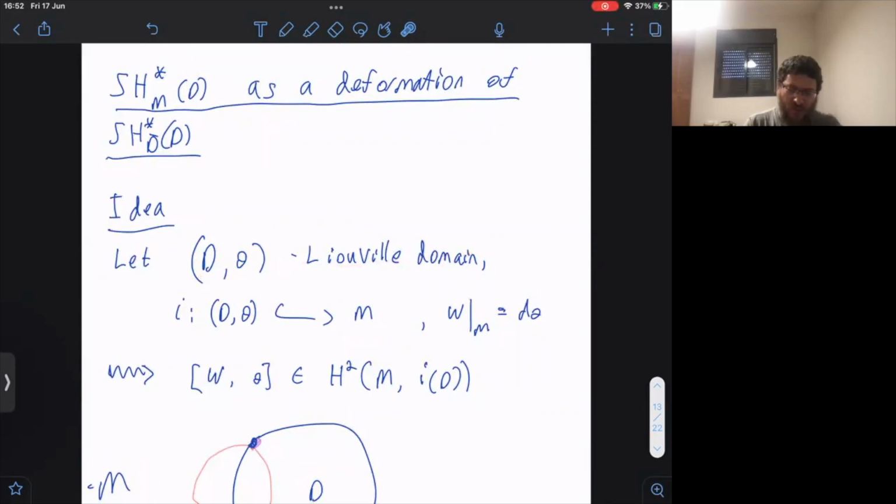So suppose we have this Liouville domain, and suppose we have this embedding of the Liouville domain into M. The Liouville domain comes with a Liouville form, such that I star omega equals d theta.